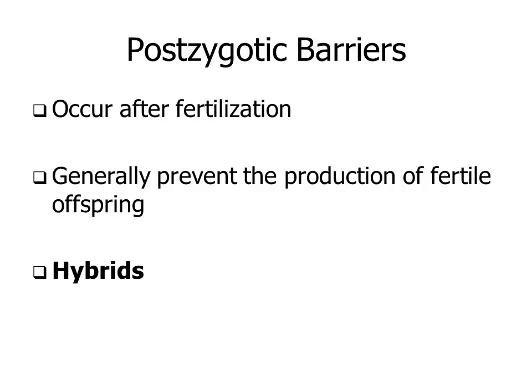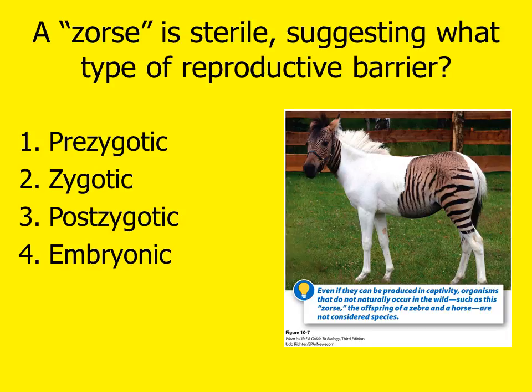Mules, for example, are the hybrid offspring of horses and donkeys. And even though they can fully survive and live complete lives, they cannot breed with each other or produce offspring. So because they're infertile, that would be a postzygotic barrier. So that tells us that donkeys and horses are two separate species.